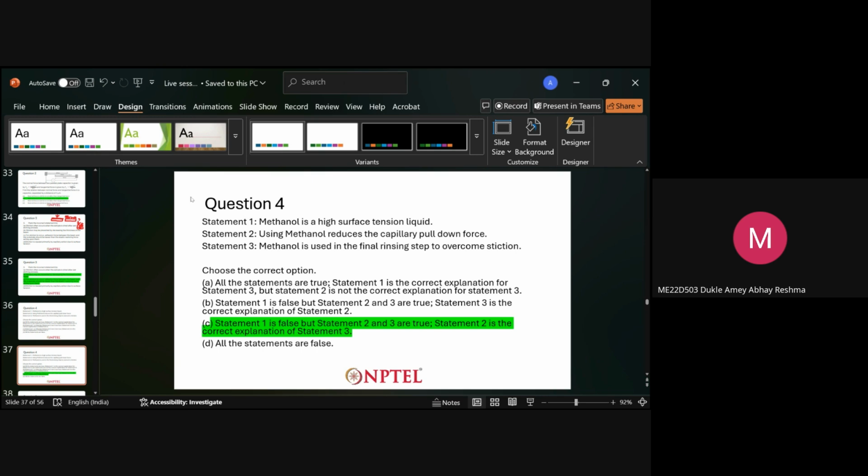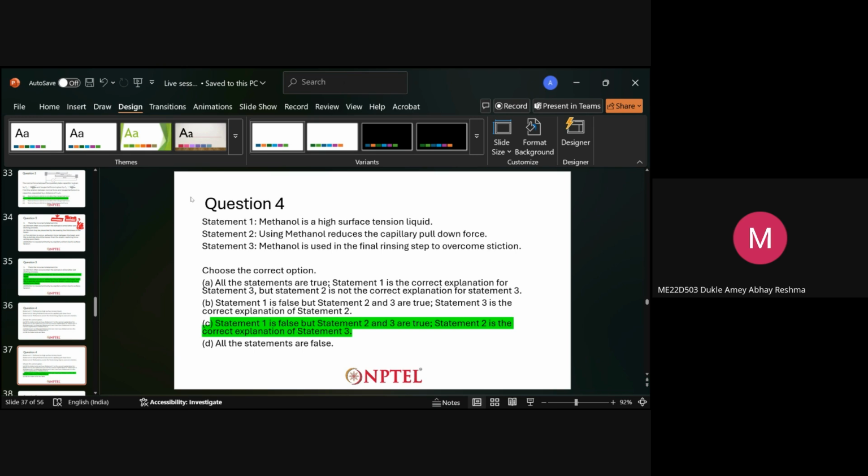So for a cleaning application, you have to use a low surface tension fluid, not high. If the surface tension is high, the liquid will tend to stay on the silicon wafer. So we always need something which has a low surface tension.